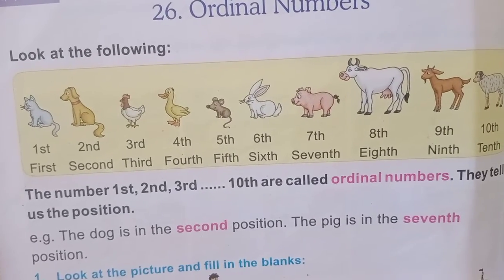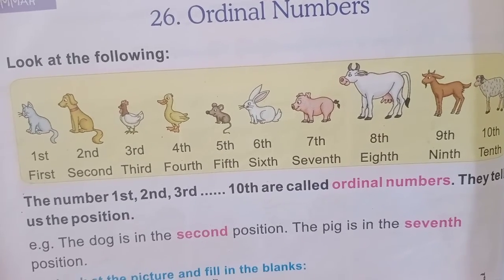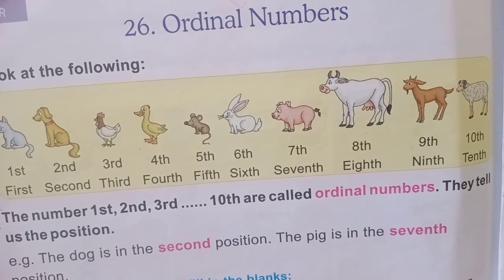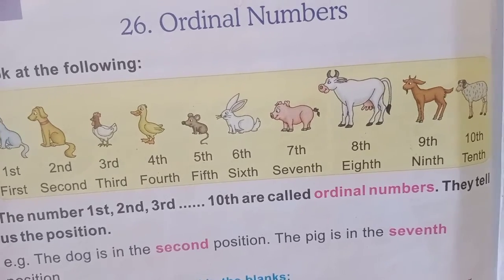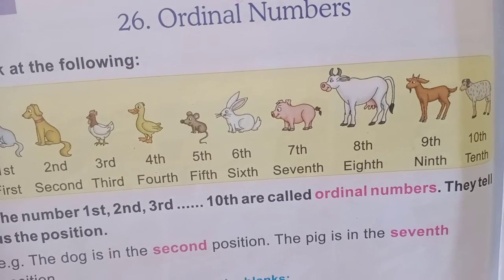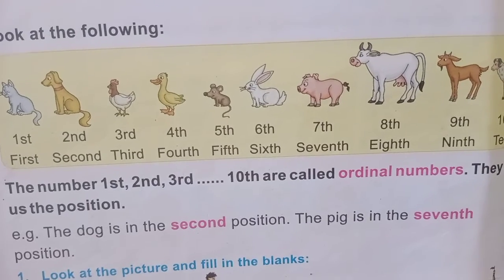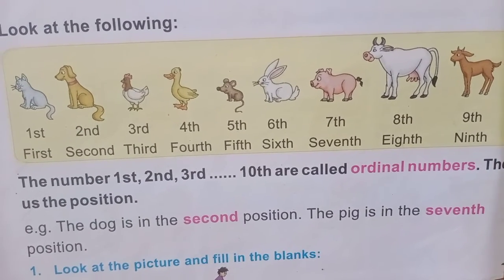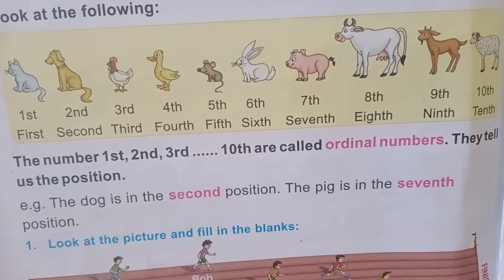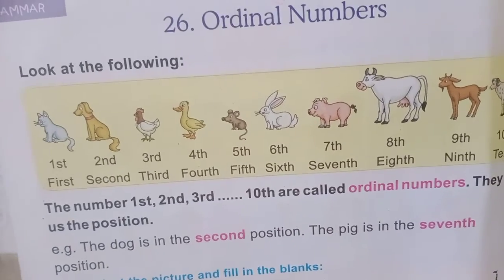So in first place cat is there, in second place dog is there, third place hen, fourth place duck, fifth place rat, sixth place rabbit, seventh place pig, eighth place buffalo, ninth place goat, and 10th one sheep. Can you see? The dog is in second position and the pig is in the 7th position and sheep in the 10th position. Like this we can say the positions by using the ordinal numbers.